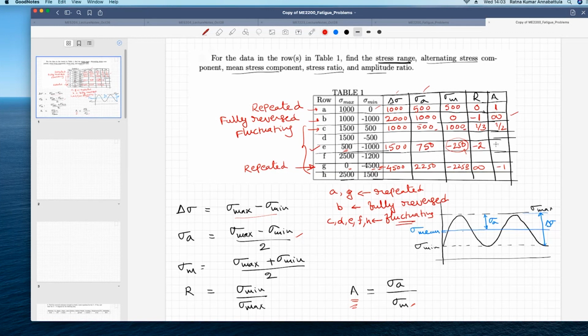Amplitude ratio is stress amplitude by mean stress. Stress amplitude is 750 and mean stress is minus 250. So this is basically your minus 3. Amplitude ratio is minus 3.